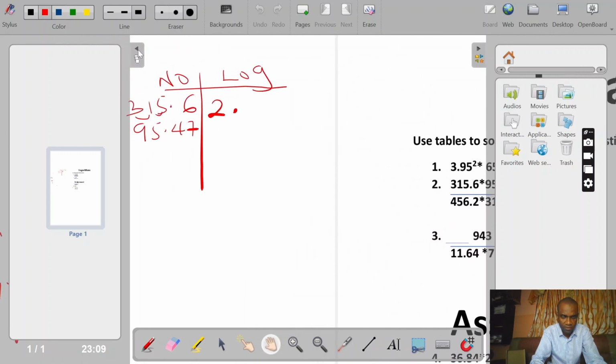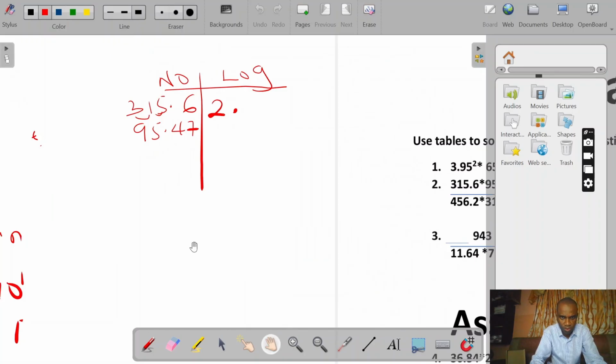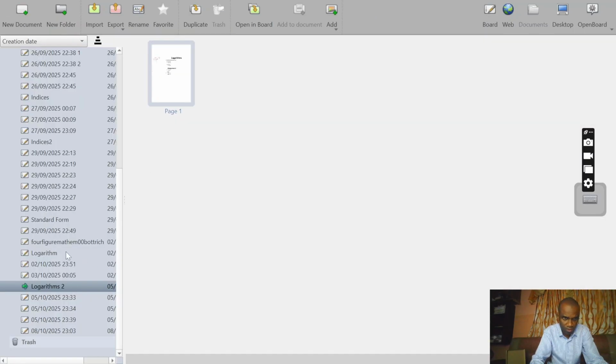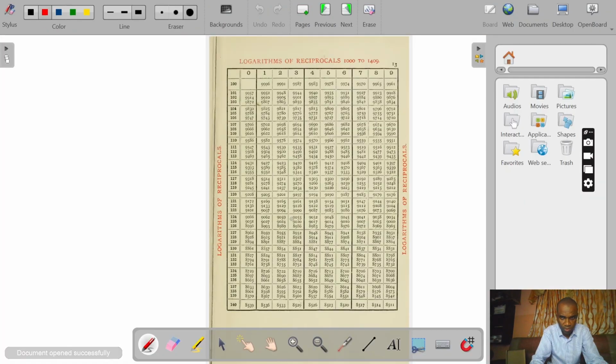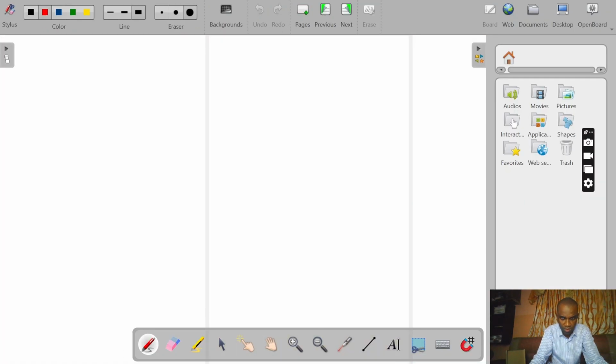So I want to open my 4-figure table again.